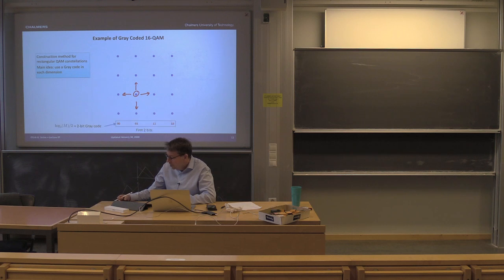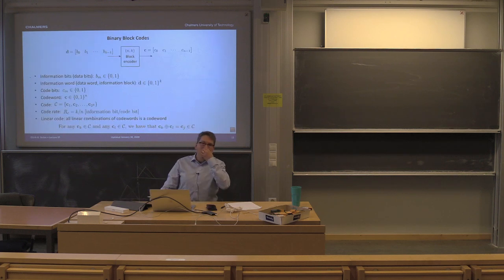Okay, so then let's go on to the next part. I know I promised that the physical layer material we did last lecture was the most challenging from a theoretical point of view. This is also a little bit of a challenge.